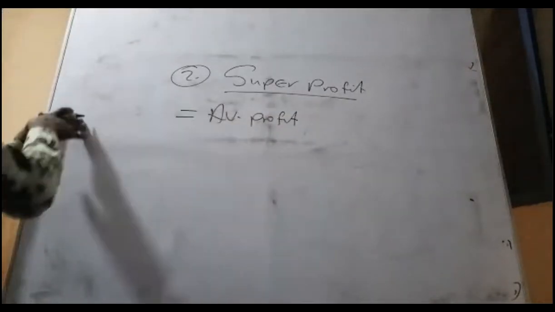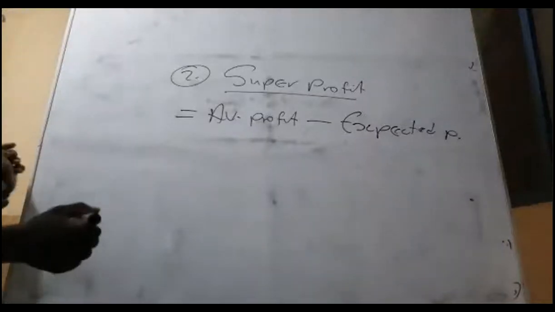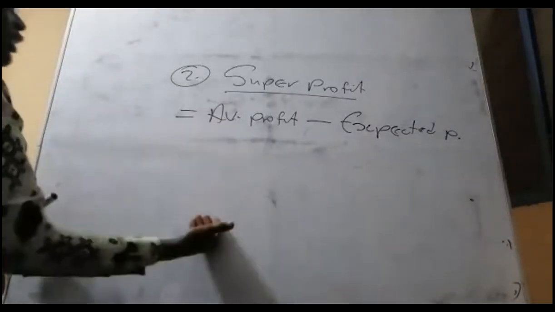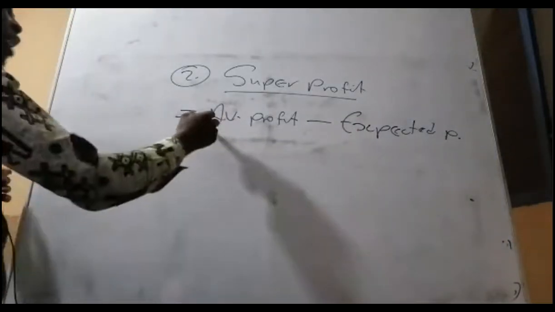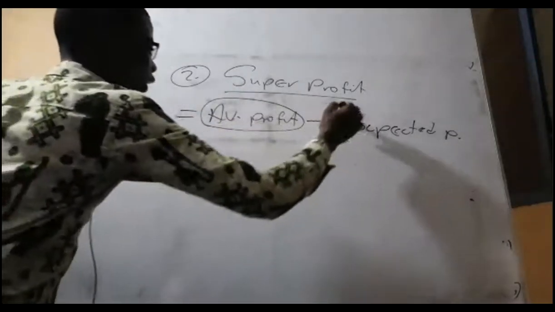Good. So this average profit is the same as how we find average profit in the first step, minus what we call expected profit. That's all. So how do we find this? For average profit, you know it already. Expected profit, we are going to find it.